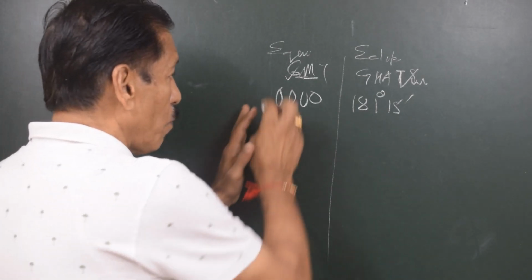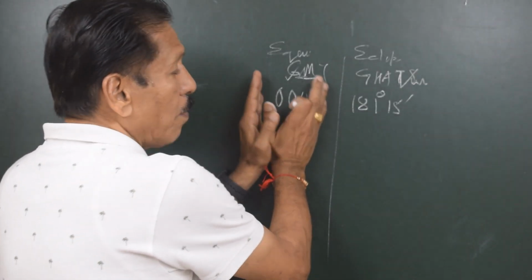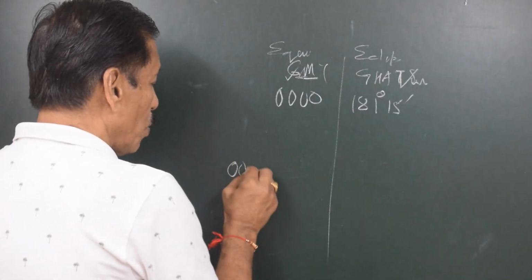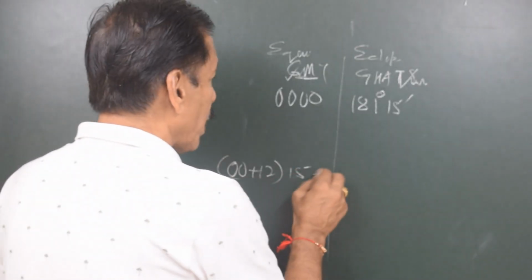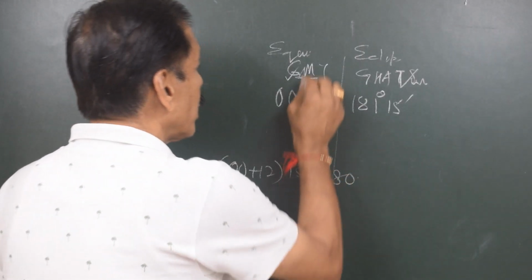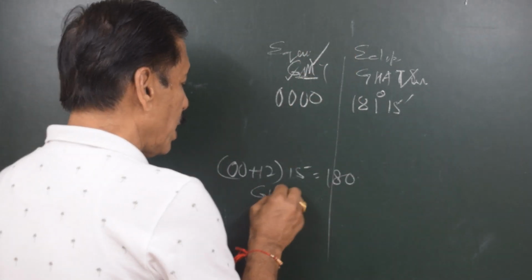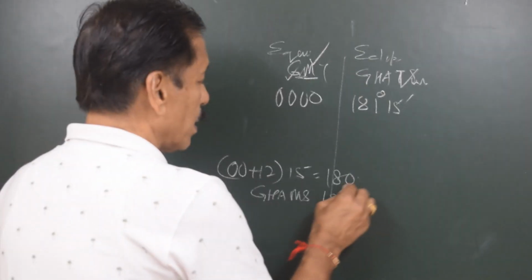So now we can find the equation of time in two ways. One way is to convert the time into angle. As I said, whenever you convert solar time into angle, there is a discrepancy of 12 hours. So what I do is 00 plus 12 and then multiply by 15. That becomes 180 degrees. Because it originates from the mean sun, I call this GHA mean sun, 180 degrees.